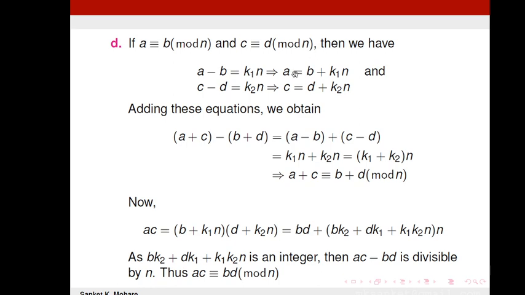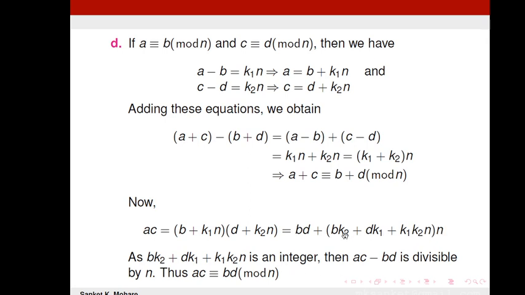Now if we take the multiplication of these two equations, A multiplied by C, so AC is equal to B plus k1n times D plus k2n, which is equal to BD plus B k2 plus D k1 plus k1 k2 n, times n outside.